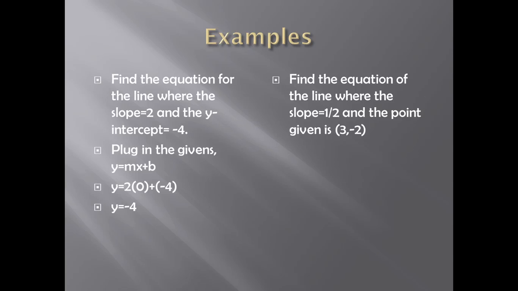So now we have y and x, and we have the slope, but we don't have the y-intercept. So we're going to find the equation for the line, but we're also going to solve for the y-intercept.